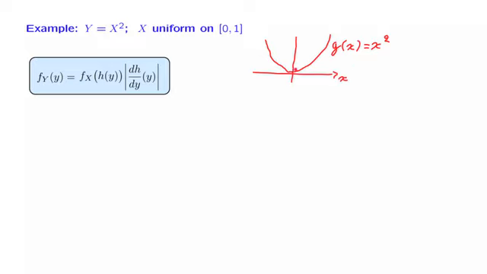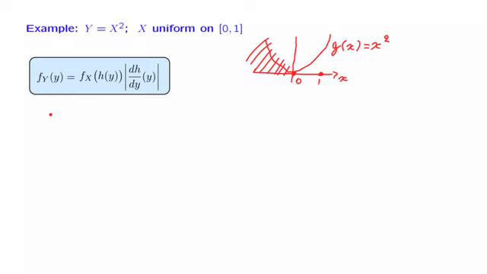Now, you could argue here that this function is not monotonic, so how can we apply our results? On the other hand, the random variable x takes values on the interval from 0 to 1, and therefore the form of the function g outside that range does not concern us. Over the range of values of interest, the function g is a monotonic function.